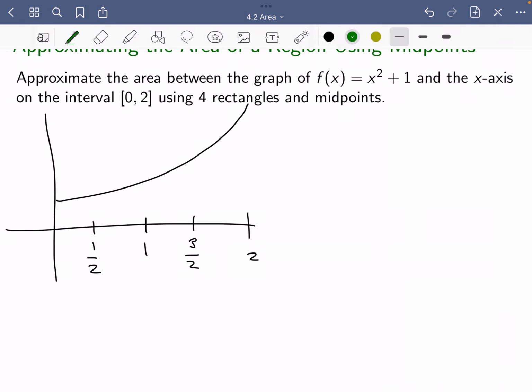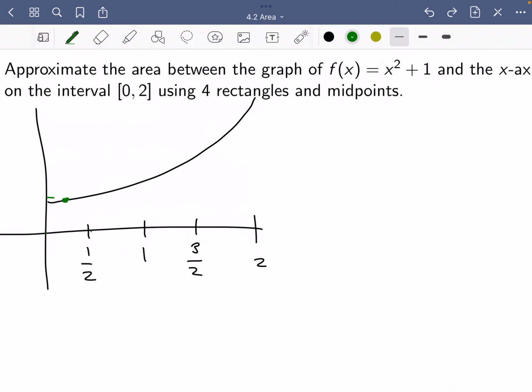So for our first rectangle, from 0 to 1/2, we're going to take the height right smack dab in the middle, so that's right at 1/4.